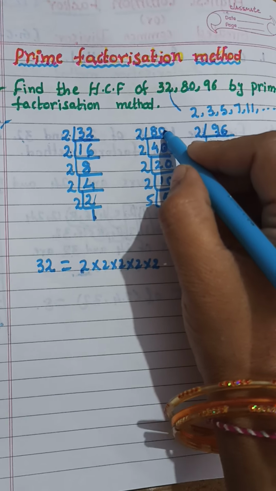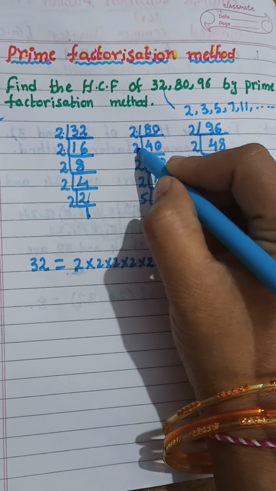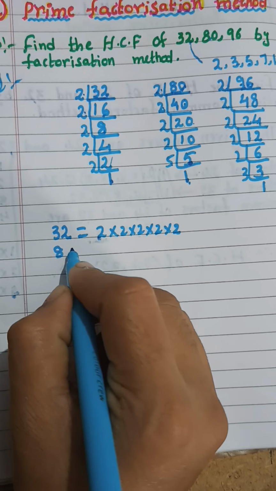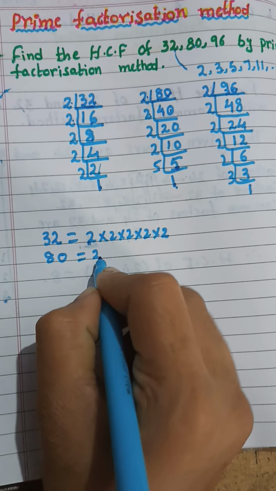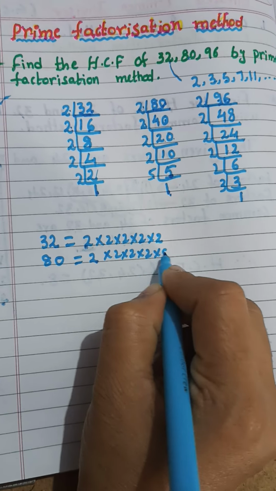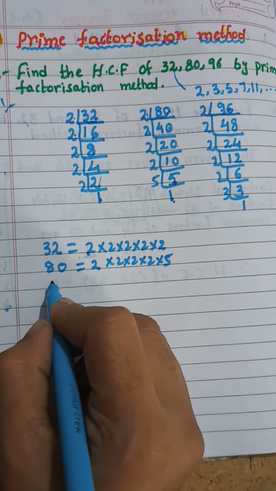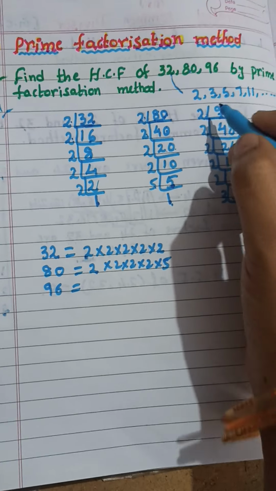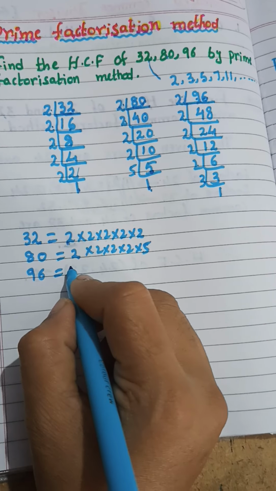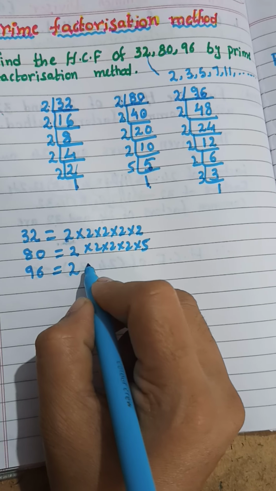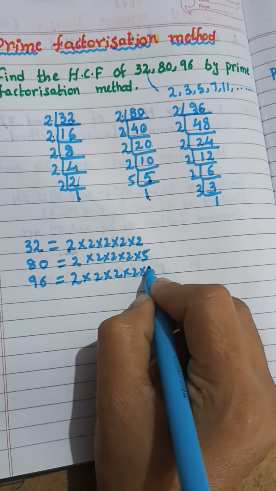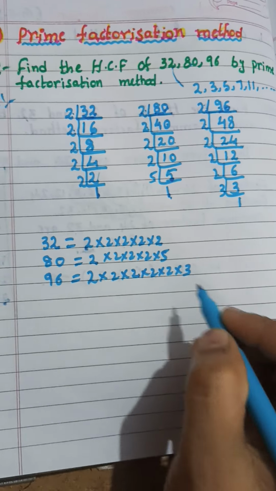Next, 80 can be expressed as a product of 2 into 2 into 2 into 2 into 5. 80 is equal to 2 into 2 into 2 into 2 into 5. 96 can be expressed as a product of 2, 2, 2, 2, 2 into 3.